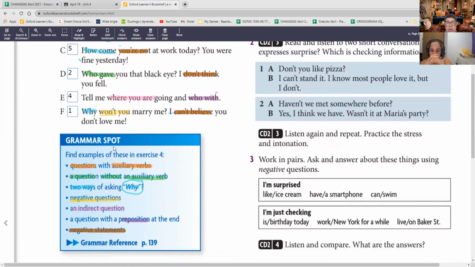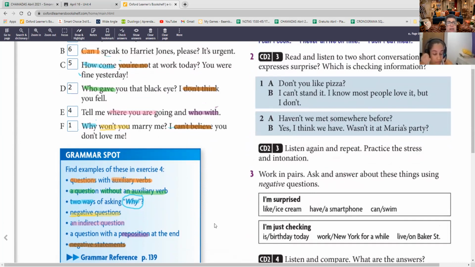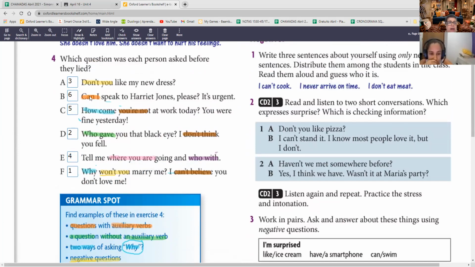Here in the grammar spot, we have: find examples of these in exercise 4. So questions with auxiliary verbs. This is one kind of question that we have in English. Then I just highlighted them here. I found one.